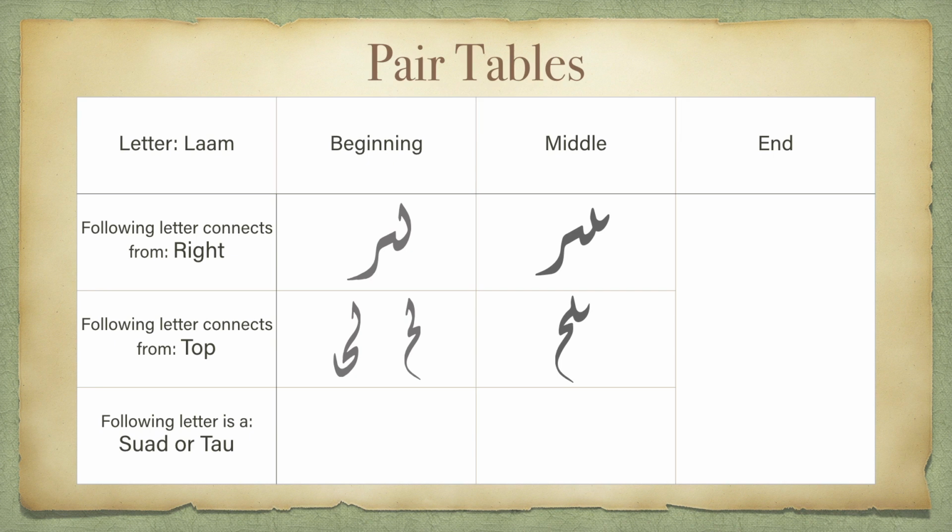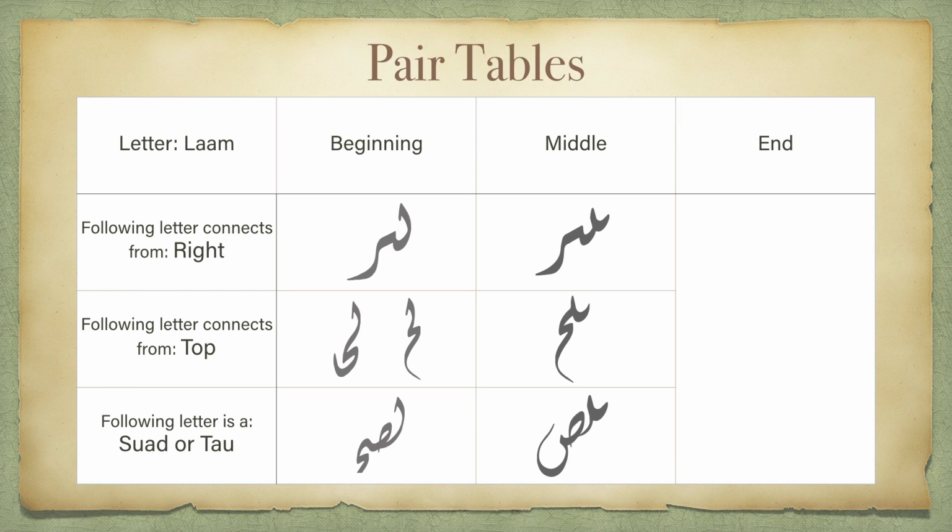Generally speaking, when the following letter is a Sad or a Ta, the leading edge of the previous letter is thinned out before it connects to the actual letter Sad or Ta. As you can see here, in both of these examples, the letter Lam thins out before we get into the letter Sad.